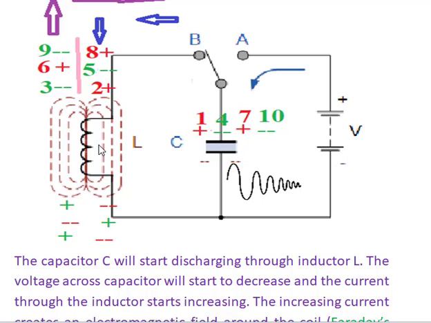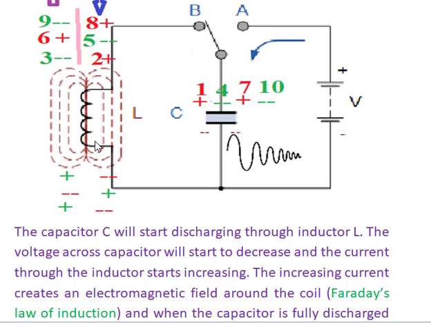You know well from Faraday's law of induction that when a current is passing through a coil of wire, the coil produces a magnetic field. The magnetic field produced in the coil depends upon the intensity of the current passing through the coil.